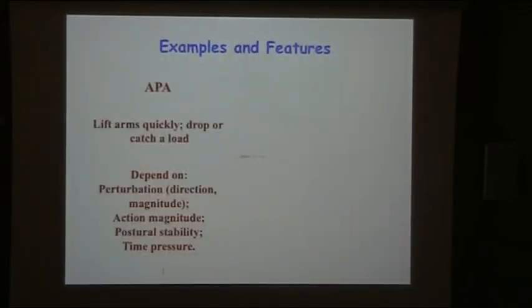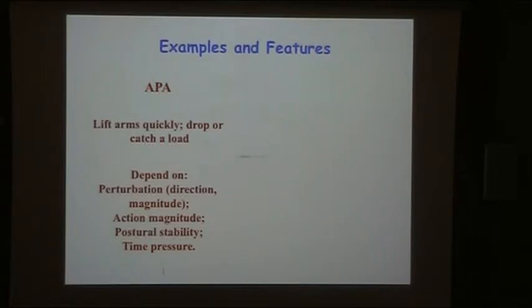So, a typical example of anticipatory postural adjustment: lift your arms quickly, as I just showed you, or drop a load, or catch a load. They depend on perturbation, obviously. They depend on action magnitude, which is a little bit less trivial, but they do. Postural stability and time pressure. For example, if you ask a person to do a movement as quickly as possible to a beep, anticipatory postural adjustment will disappear.